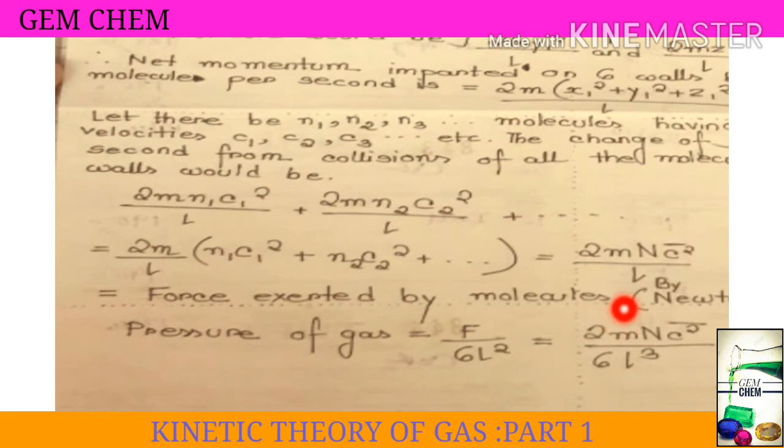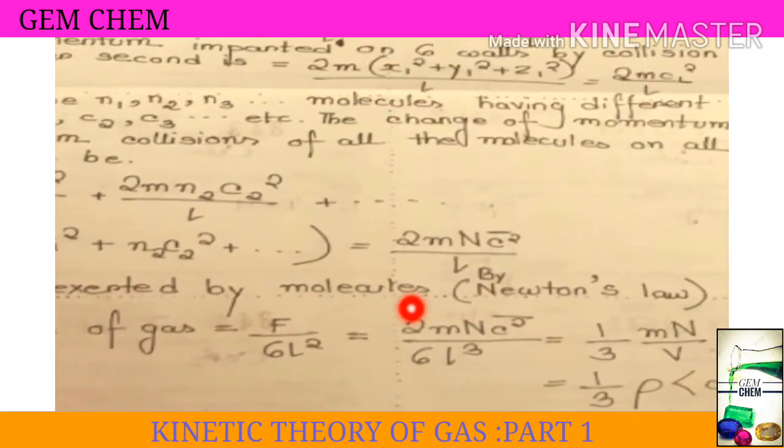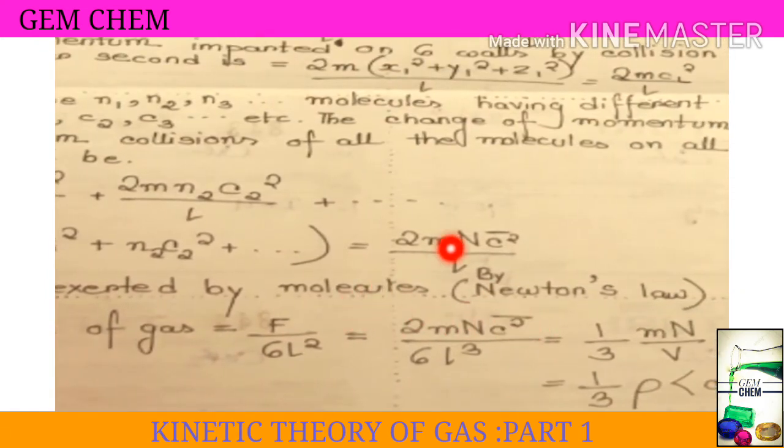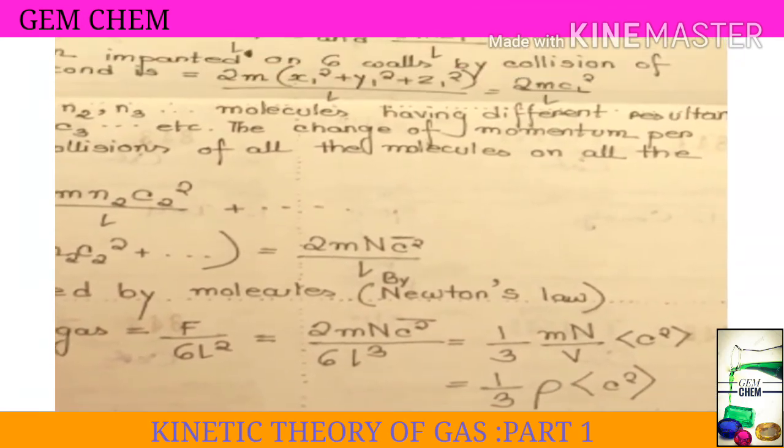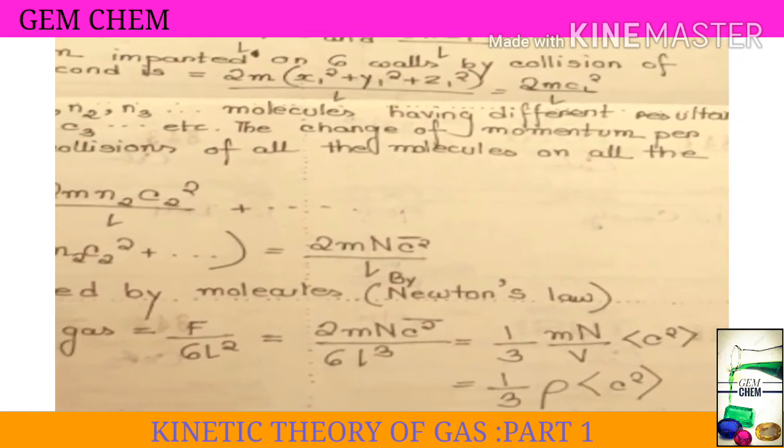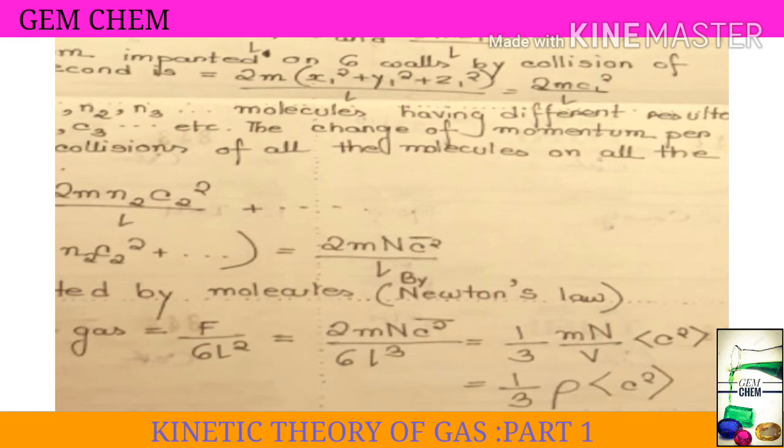So this 6L square will be obtained from the above formula, and L cube stands for the volume. So we replace it here, and the last term is m by V. m by V stands for mass by volume, which is the density.